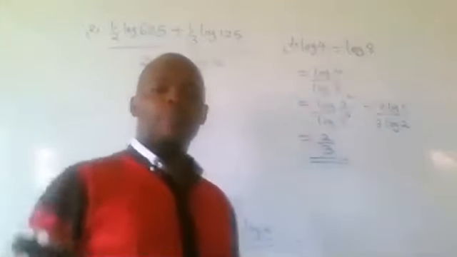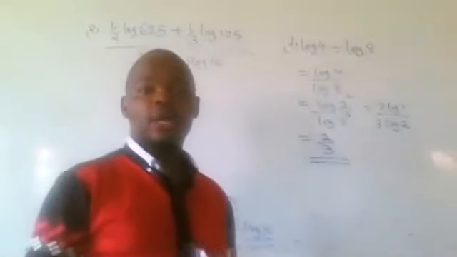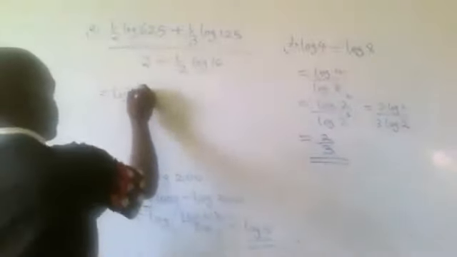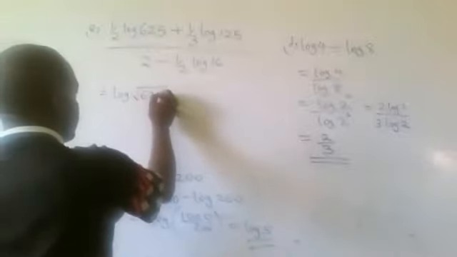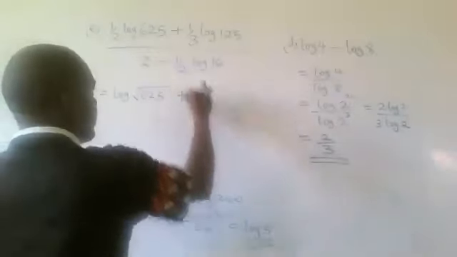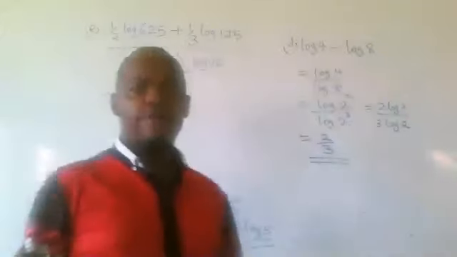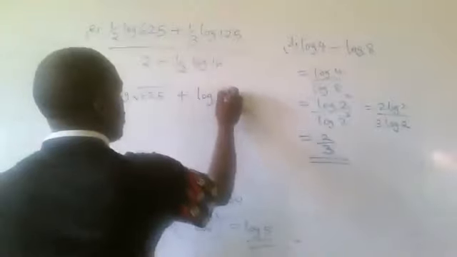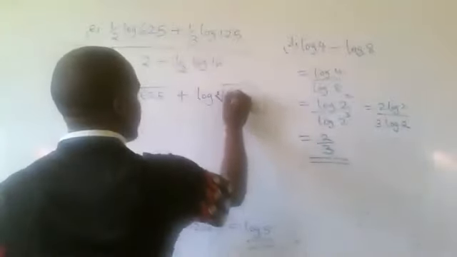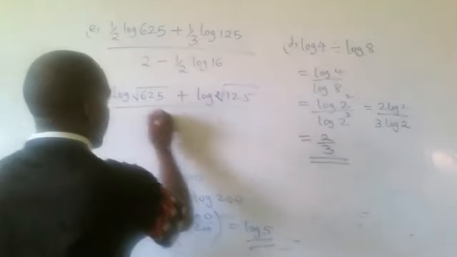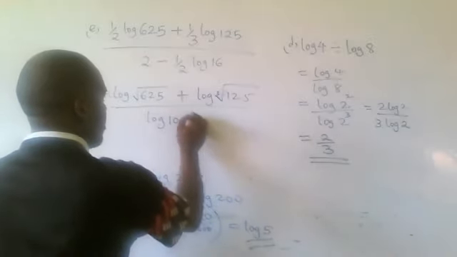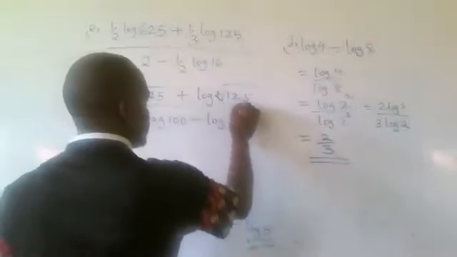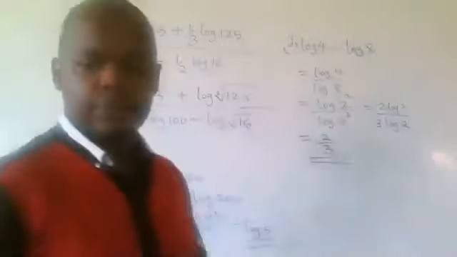When you raise a number to power half, it's like you are getting the square root. So this is the same as log square root of 625. Then plus, this is log 125 power a third, which is log cube root of 125, over log 100 minus log square root of 16.